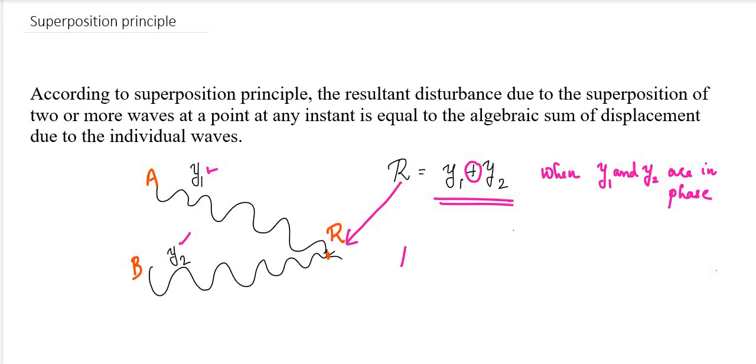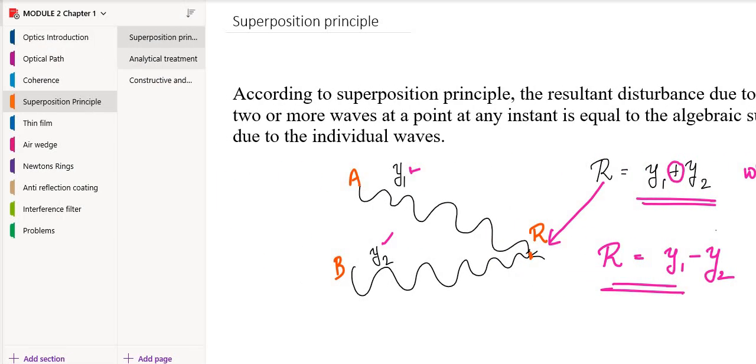Then the resultant displacement will be equal to y1 minus y2. So the resultant displacement is y1 plus y2 when both waves are in phase, and y1 minus y2 when both waves are out of phase. That is the superposition principle, the basic statement that you already studied in your higher secondary classes.